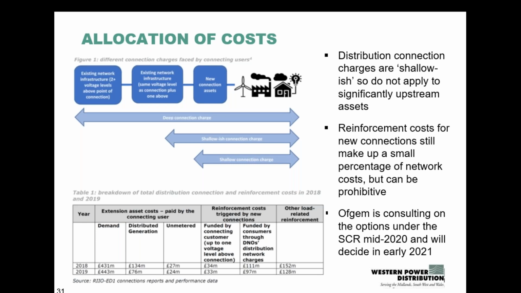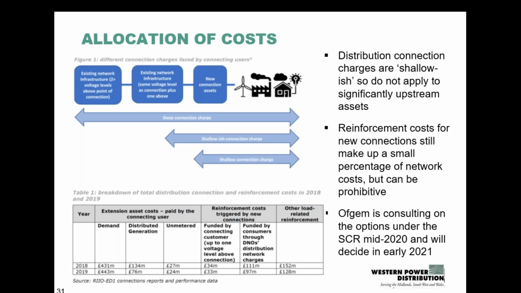These are all options that the regulator is considering at the moment underneath the SCR, which is their significant code review. The options are being developed at the moment, and they shall be going out to consultation by the middle of 2020 on what the options are, and then they will decide towards the early 2021 which pathway they take forward.